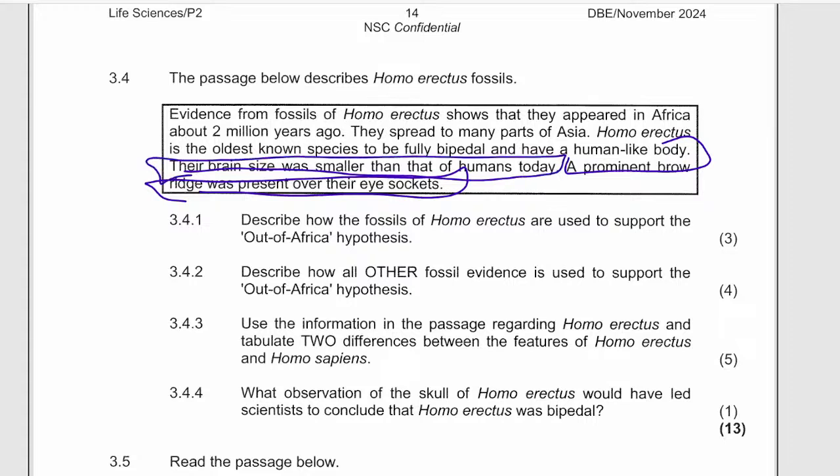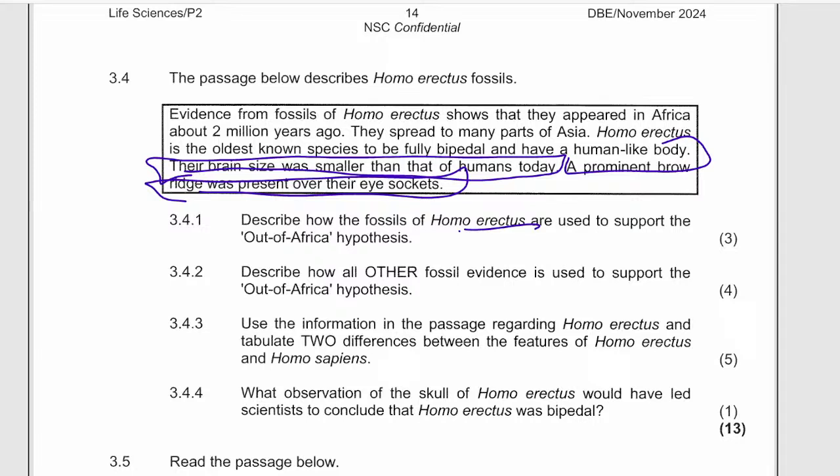They might ask you, describe how the fossils of Homo erectus are used to support the out of Africa hypothesis. Remember, in the out of Africa hypothesis, we said that modern humans originated from Africa and migrated to the rest of the world, during the Homo erectus period. So how is this used?